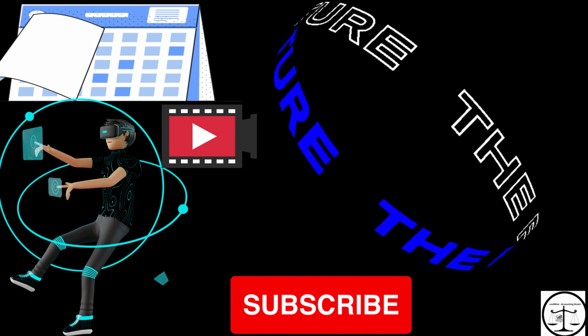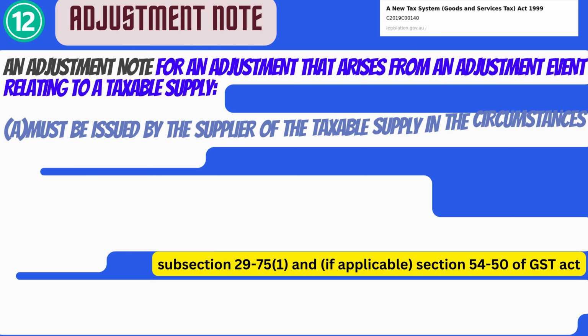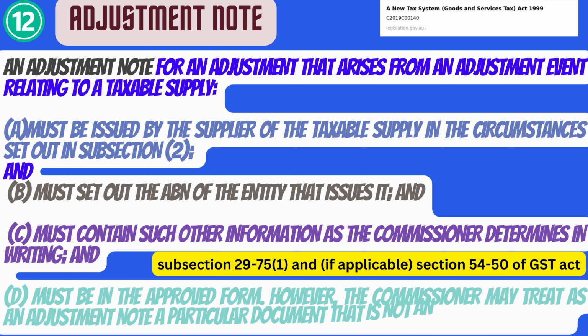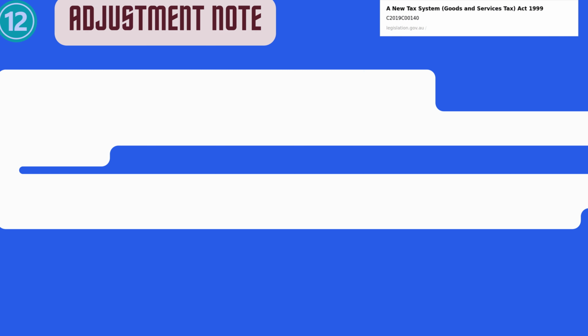12. Adjustment note. We will explain the meaning of adjustment note. You can find more information about adjustment notes in subsection 29-75(1), and if applicable, section 54-50 of the GST Act. An adjustment note for an adjustment that arises from an adjustment event relating to a taxable supply: A. Must be issued by the supplier of the taxable supply in the circumstances set out in subsection 2.